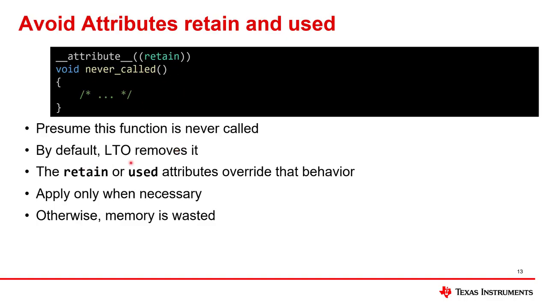However, the retain or used attributes override that behavior. So you want to apply those attributes only when you utterly and completely know they are necessary. You really need this function to remain in the program for some reason. Otherwise, memory gets wasted.